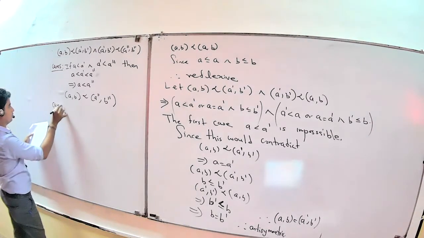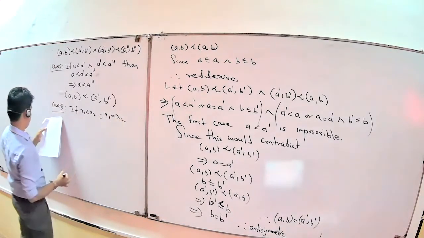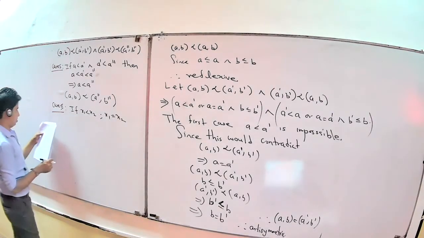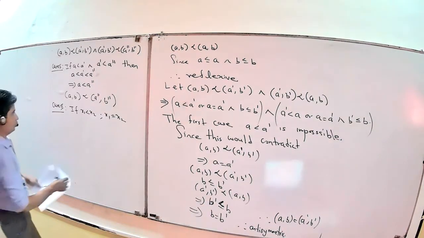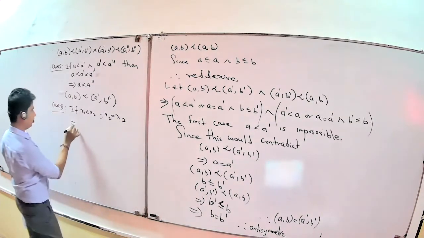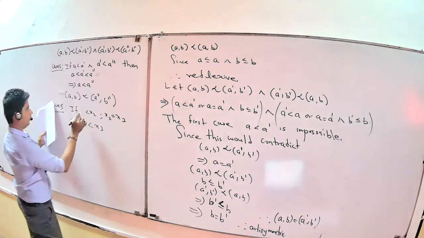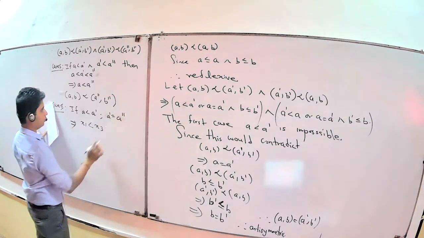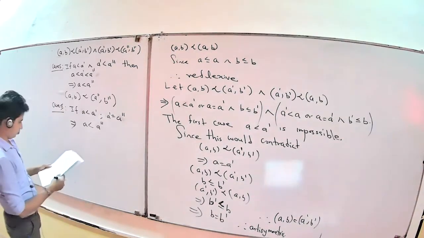Case 2, so many cases. Suppose x1 less than x2, and an equal case also, x2 equal x3, then similarly x1 less than or equal to x3. If A comma A dash, here A dash and A double dash equal, in this case A less than A double dash.